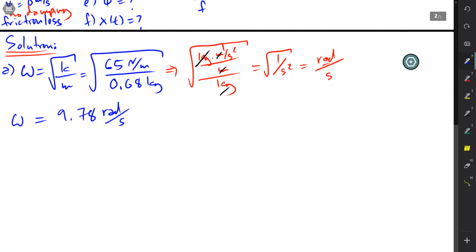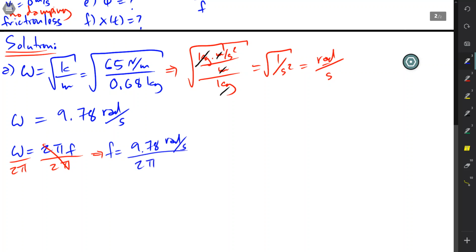Then we have to solve for the frequency. Angular frequency is also 2 pi times the frequency, so some simple algebra there. Just divide 9.78 per second by 2 pi, and the 2 pi also has units of rad, so that cancels out.